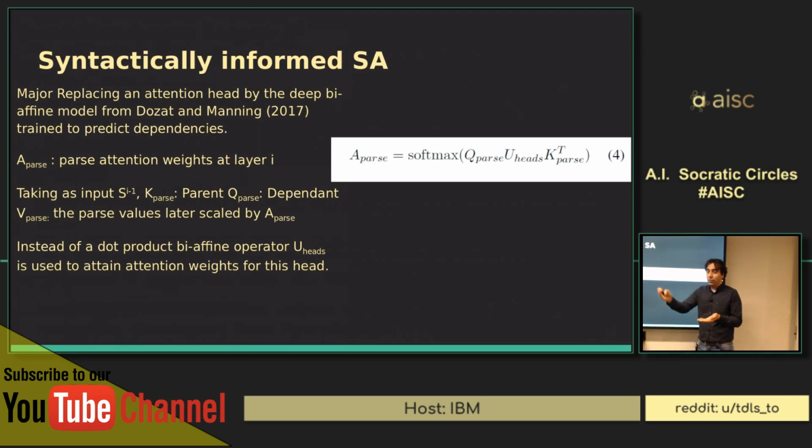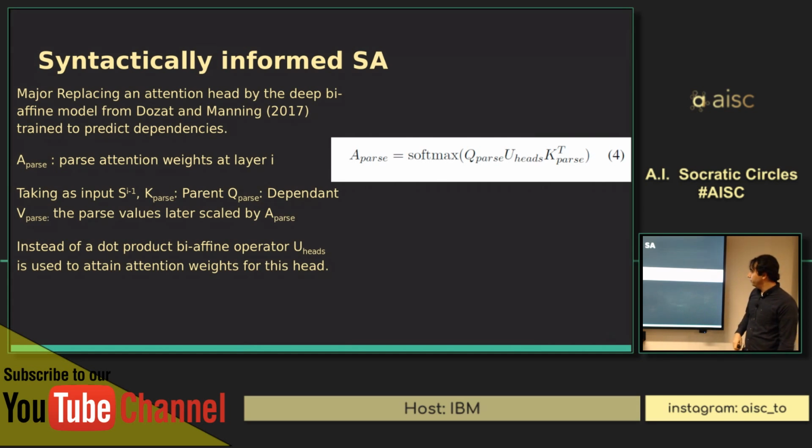You go around all the words, you multiply that Q by all the Ks, you get multiple values. What you're training the network to learn is that for the actual parent, you have the highest attention scores, right? Similar equation as was shown earlier. So A parse, softmax of your Q parse and K parse transposed, right? And this U head is just the parameters of your network, which is the bilinear affine transformation.